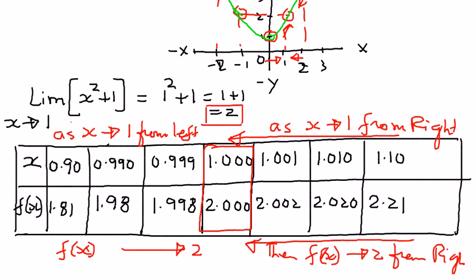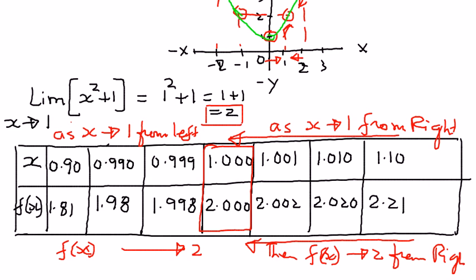As you can see, the number 0.9 is less than 0.99, which is less than 0.999, and then very close to 1. And on the right hand side, 1.001 is larger than 1, 1.010 is larger than 1.000, and 1.1 is larger than all three of them.